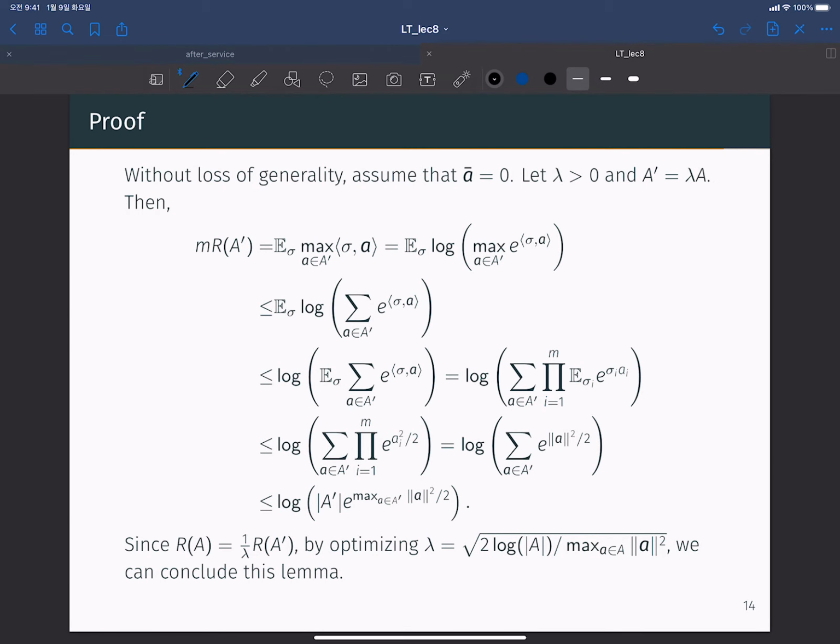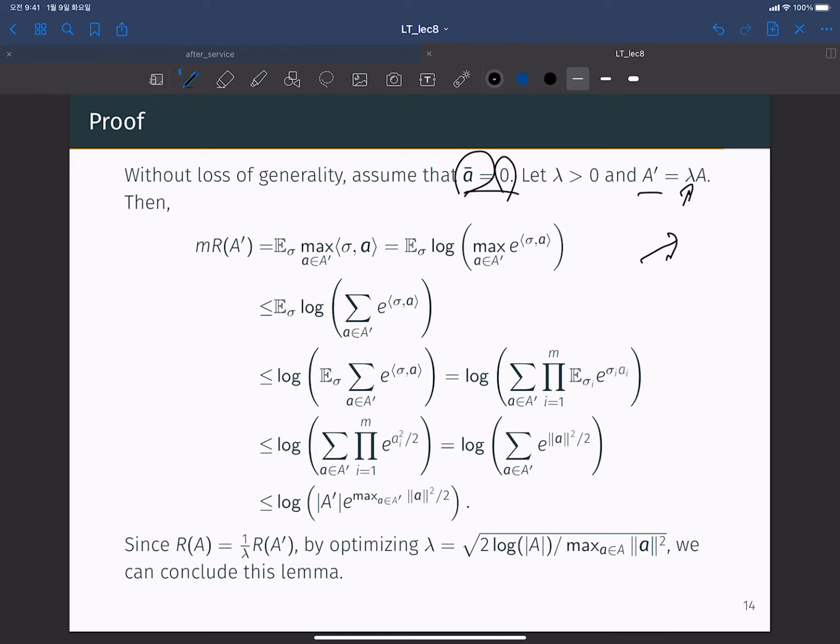Without loss of generality, we can assume that the empirical average of the vector is equal to 0, because this simple vector addition to our hypothesis class does not change the Rademacher complexity. We can simply set a bar equal to 0. That is fine. And let's define a prime set A prime as simply a scaling of the original set A.